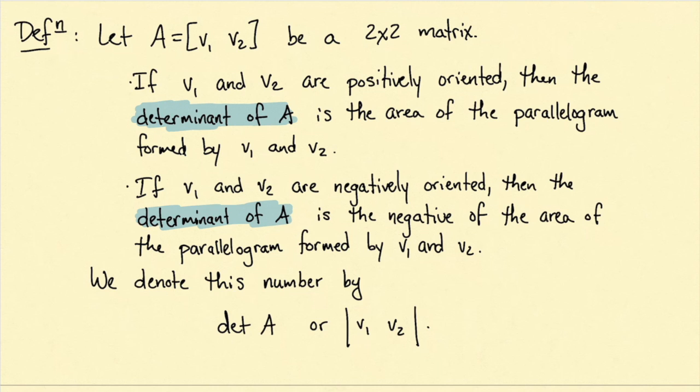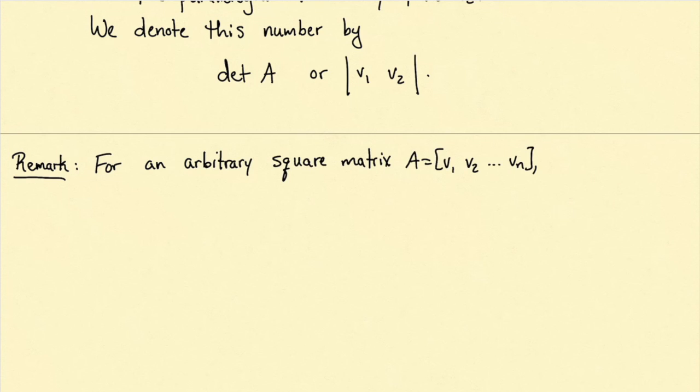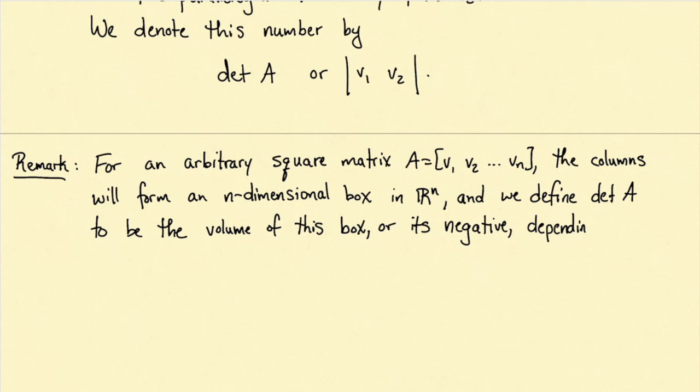outside. Now, for higher dimensions, or just any n by n matrix in general, the columns will form an n-dimensional box in Rn. And we define the determinant of an n by n matrix to be the volume of that box or its negative, depending on the orientation.